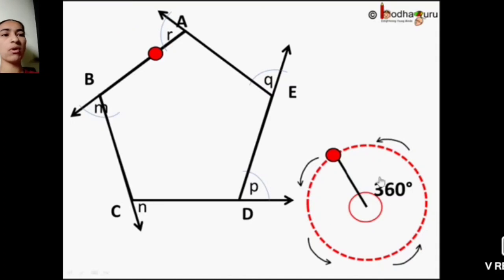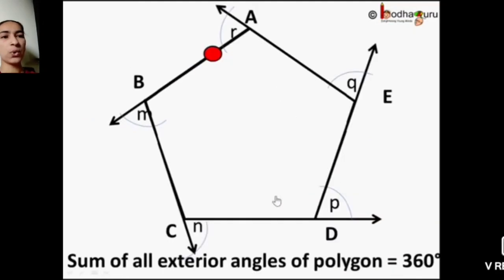I have completed one full turn, and the angle will be 360. Understand? That means the sum of the exterior angles for this pentagon is 360 degrees. Students, it is completing the whole circle, going in a circular manner from A to A again.